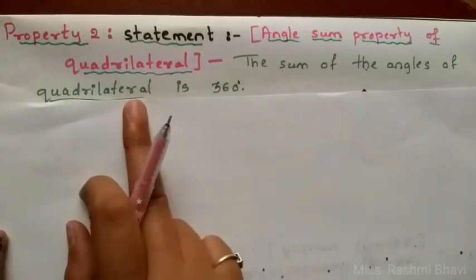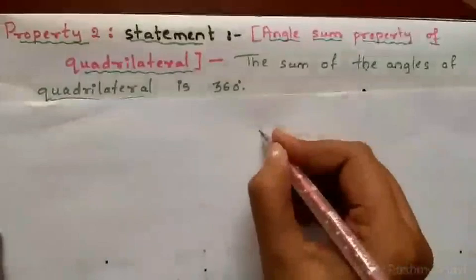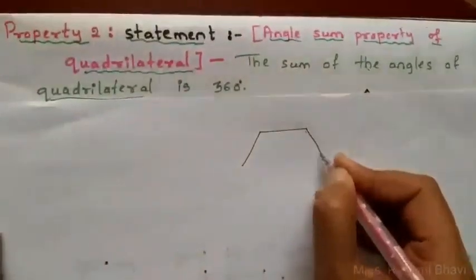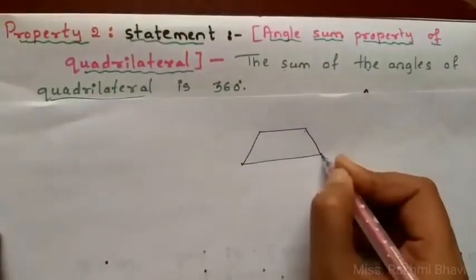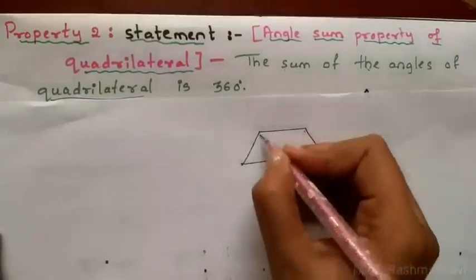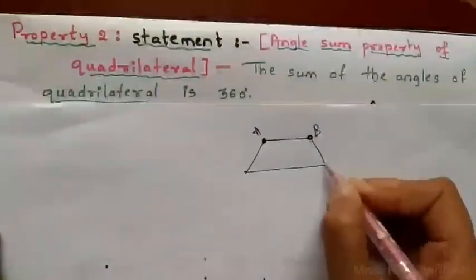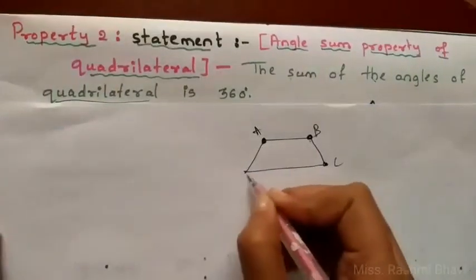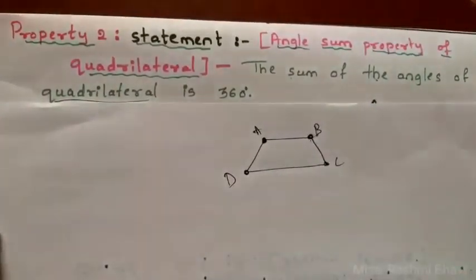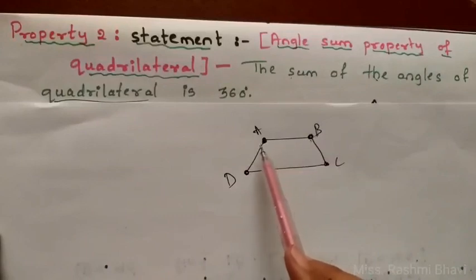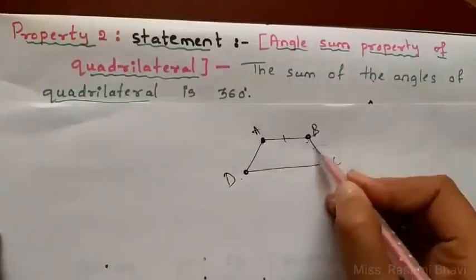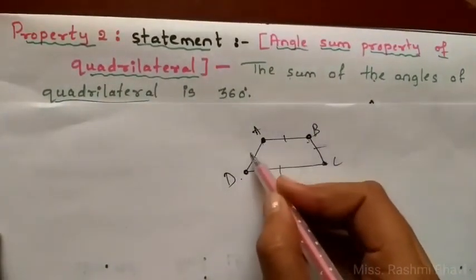This is the figure of a quadrilateral. For a quadrilateral we have 4 vertices: vertex A, vertex B, vertex C and vertex D. In a quadrilateral we have 4 sides: AB, BC, CD and AD.